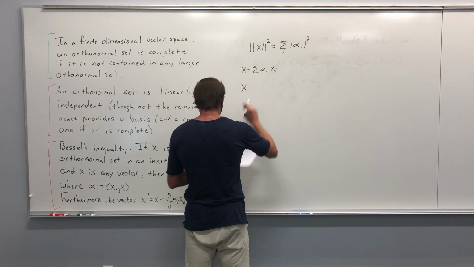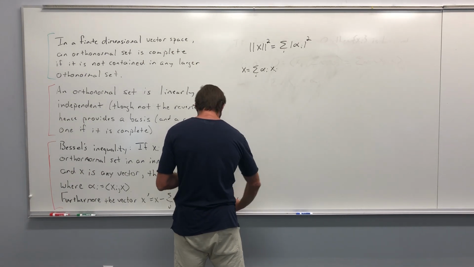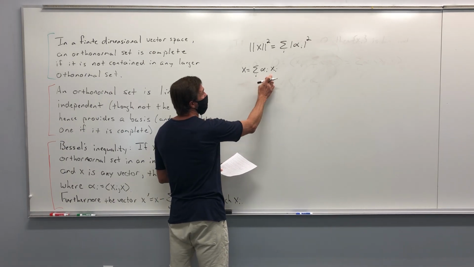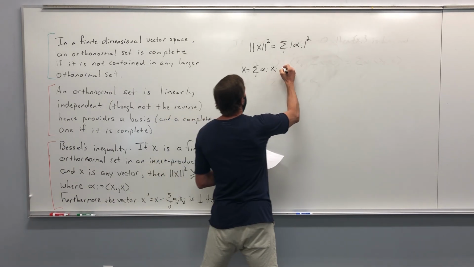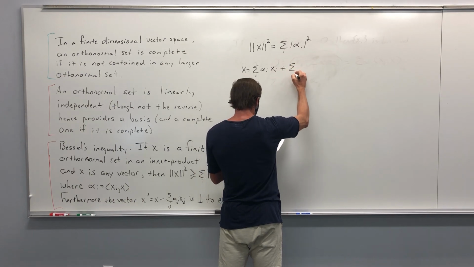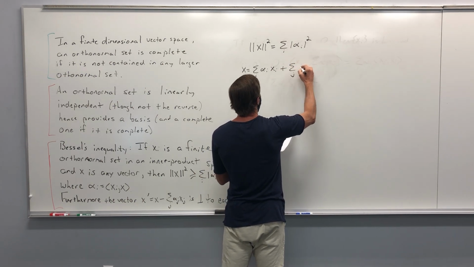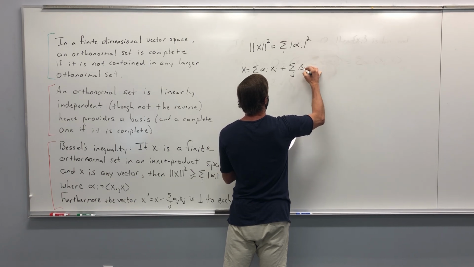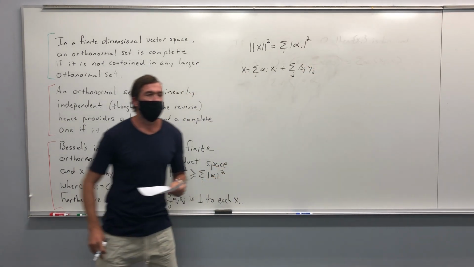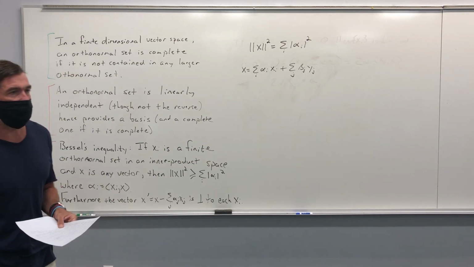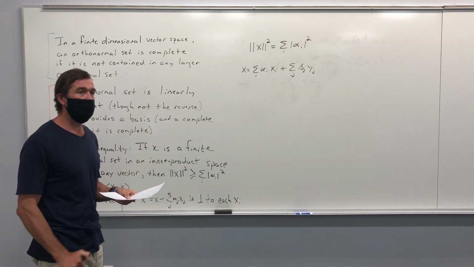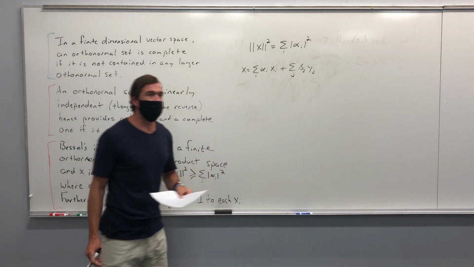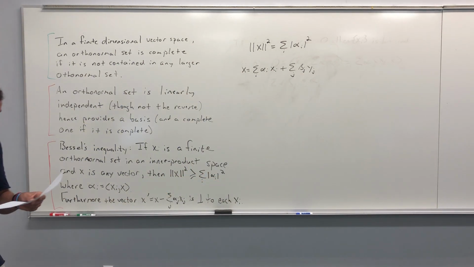The vector x, if this is incomplete, is the sum over these basis vectors, but it would also include a set of the remaining basis vectors that are missing from that set. Okay, so this guy completely spans the space, and x is a vector in the space. Okay?